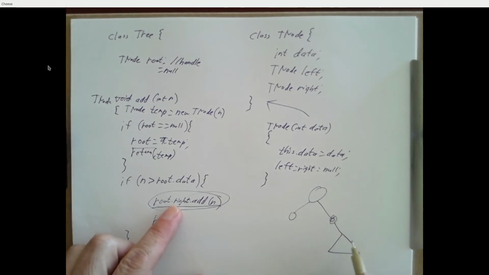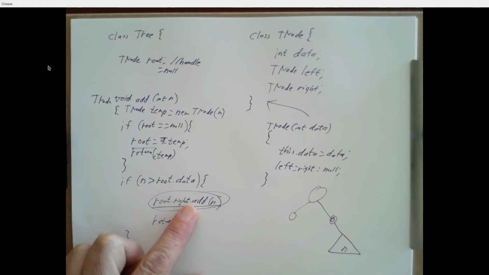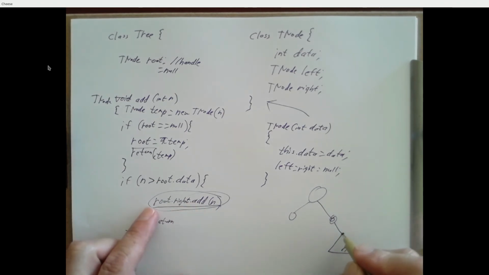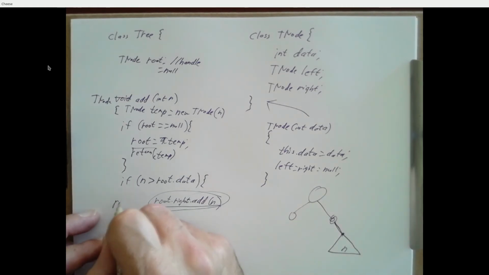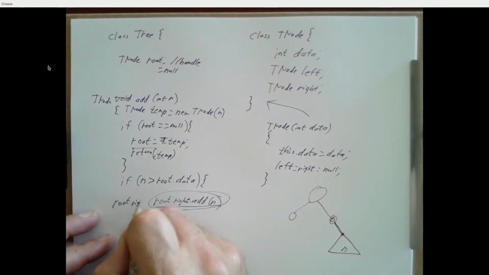So we call this thing's add method, and now somewhere in here this number n gets added, and it returns to us the root of this tree. If we don't do anything, the right child of this node is still that original triangle. You do root.right = root.right.add(n). Exactly.